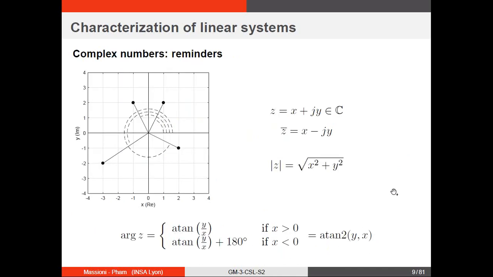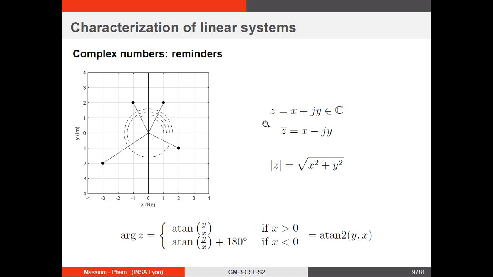So if you visualize a complex number in the complex plane, on the x-axis we put the real part and the imaginary part on the y-axis, and these dots are the complex numbers. Basically, the angle between the positive x-axis and the number is the argument, and the modulus is the distance.